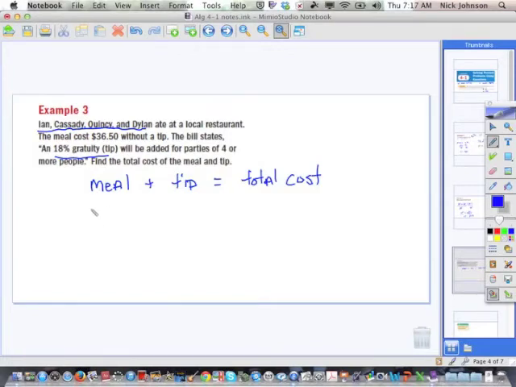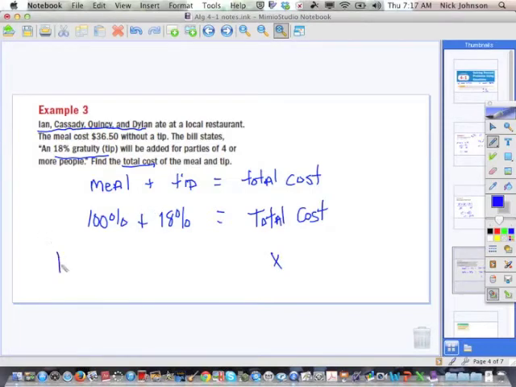No, you have to pay 100% of the meal, plus we have to pay our tip. It states that our tip has to be 18%. So we have 100% for the meal, plus another 18% of the meal, has to equal our total cost. Now, we don't know what the total cost is. That's my X. Well, we're paying 118% of what?